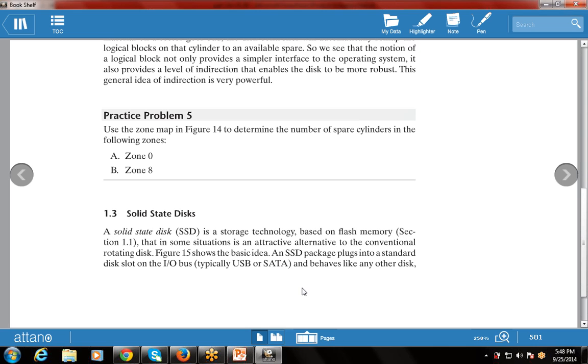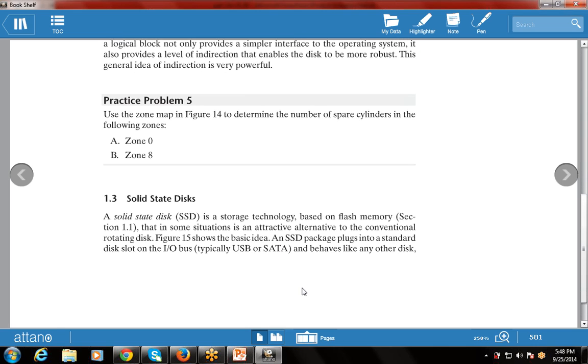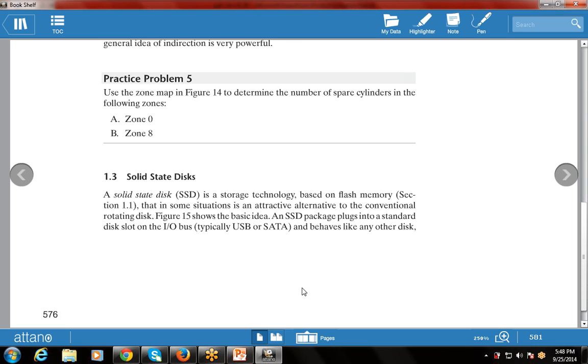That is, what is the solid state disk? That is an SSD. So that's all for today's session. Tomorrow I will discuss the solid state disk.